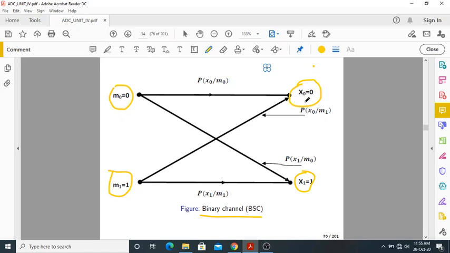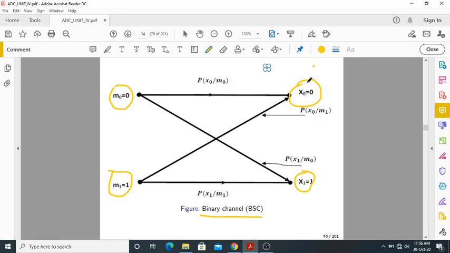So from the known quantity, we have to find out the unknown quantity. You know what is received, but you don't know what is transmitted. If x0 is received, we have to find out whether m0 or m1 was transmitted. The next scenario is you received x1, but you don't know whether m0 or m1 is transmitted.